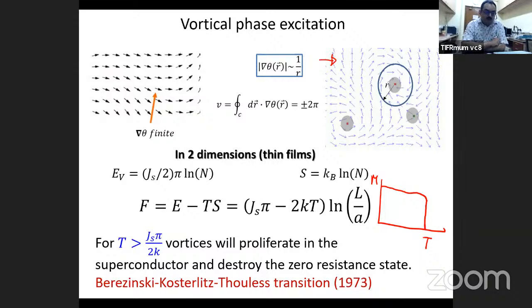Okay, so now the question is, why do I care about this in a superconductivity course? The reason is obvious. The reason is that you have derived the phase only Hamiltonian.